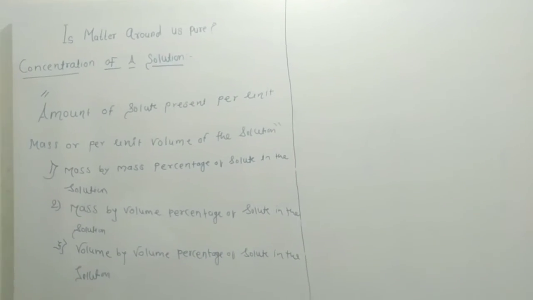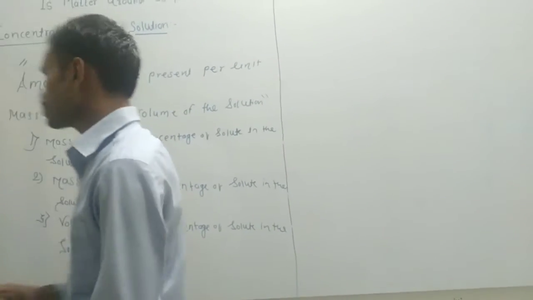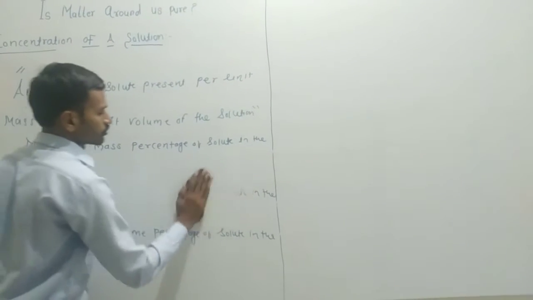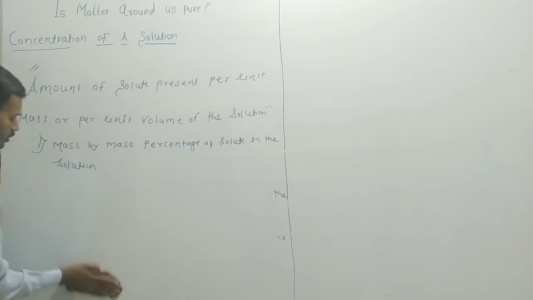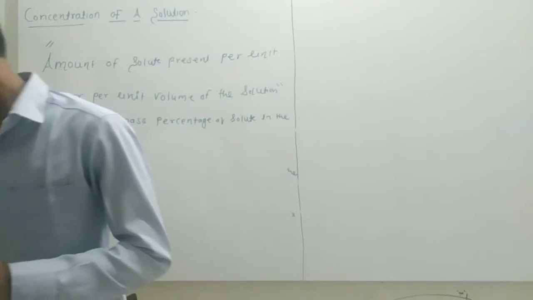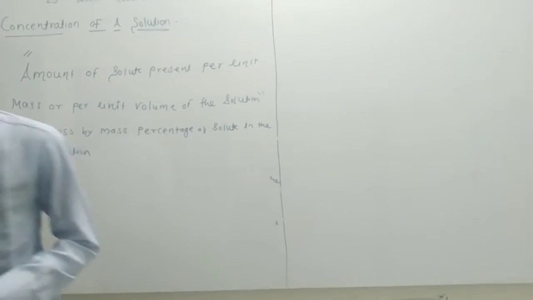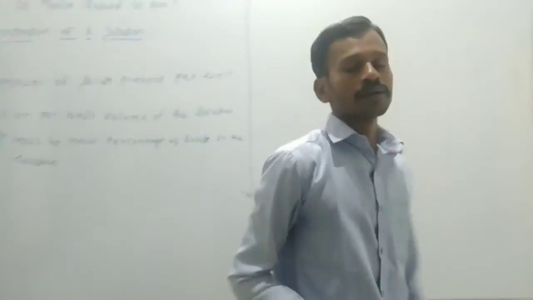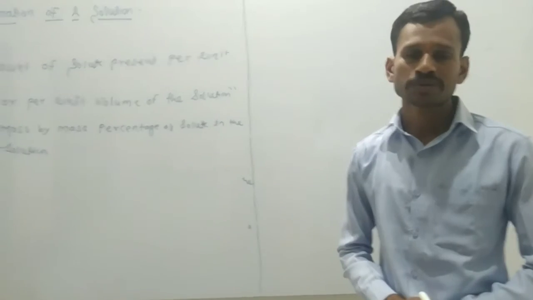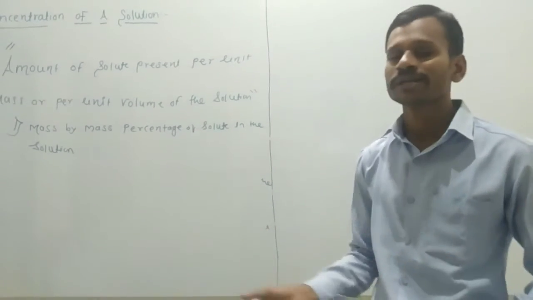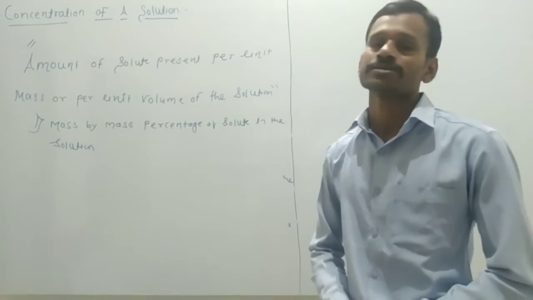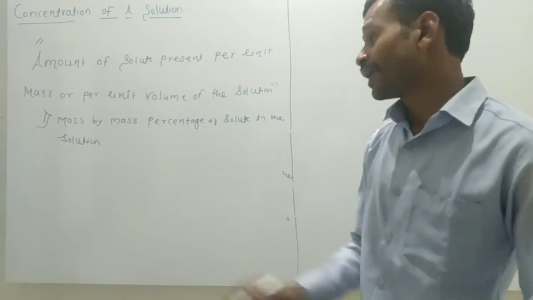That is the concentration of the solution in terms of mass percentage. We can simply say that it is the mass of solute in grams dissolved in 100 grams of the solution. It is simply called the mass by mass percentage.